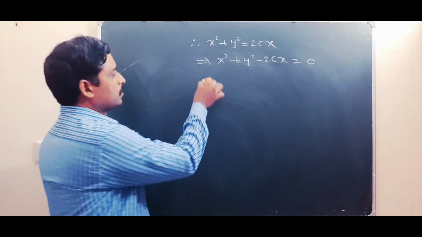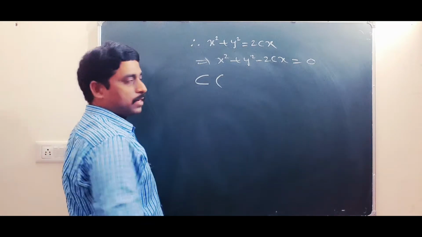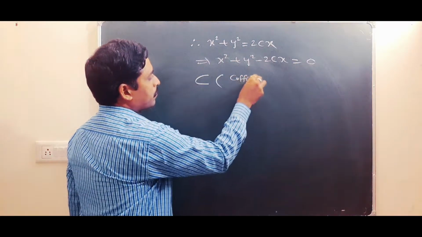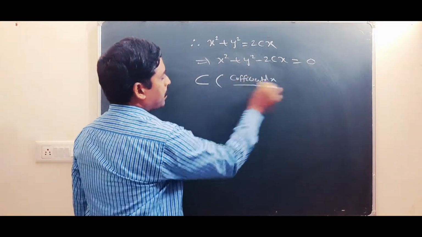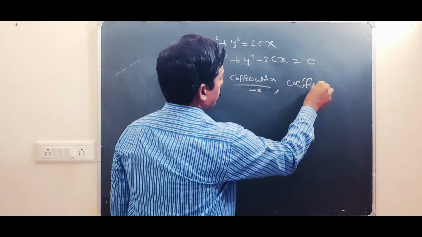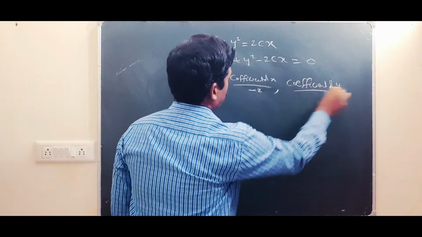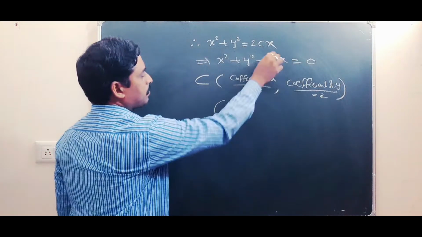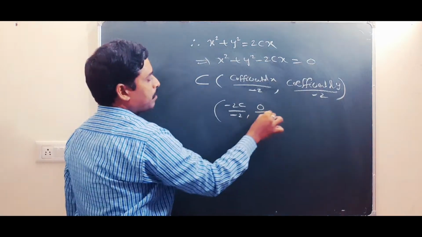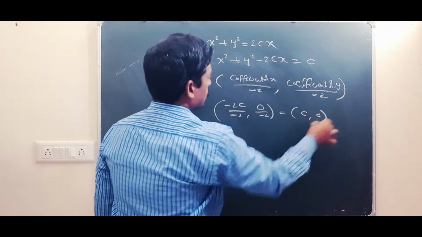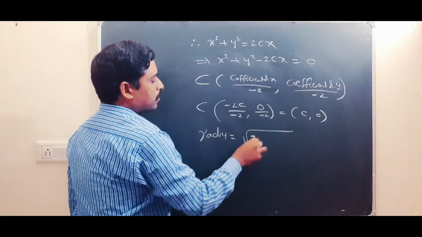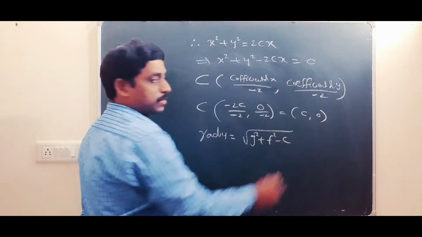First we have to find the center. What is the center? Coefficient of x by minus 2 and coefficient of y by minus 2. In this, coefficient of x is minus 2 by minus 2, coefficient of y is 0, 0 by minus 2. So what is the center? (c, 0). So radius: root under, what is the formula? g square plus f square minus c.